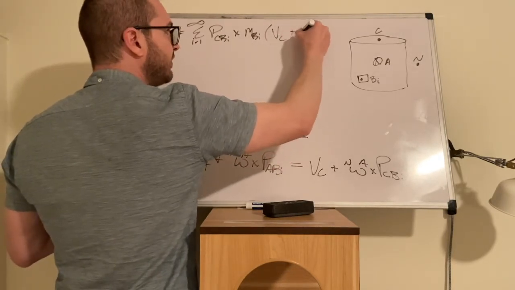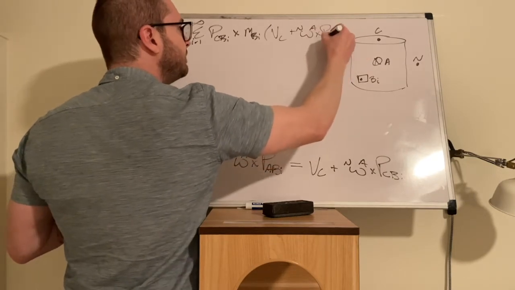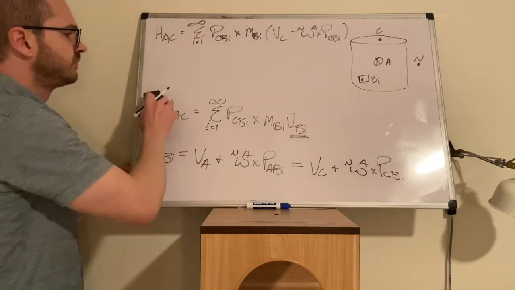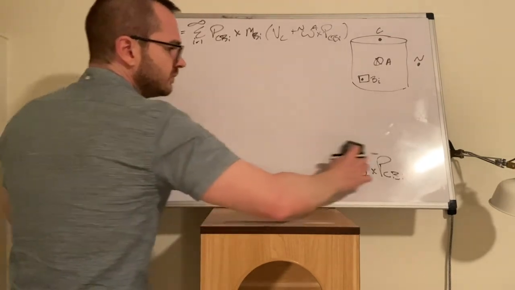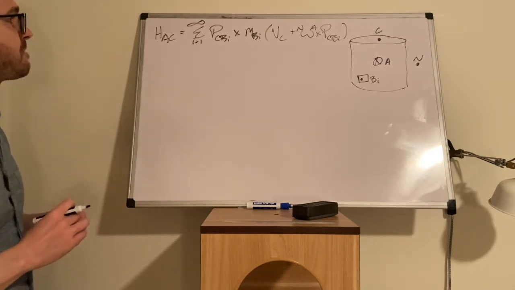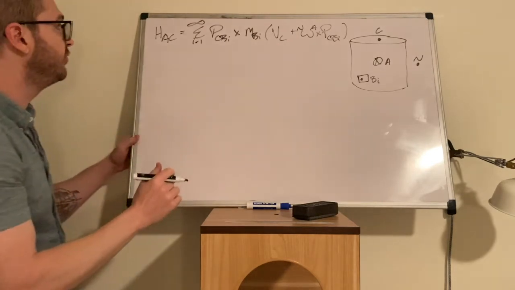V_C plus omega_N/A cross P_CBi. All right, what are we going to do next? Next, I'm actually going to go ahead and distribute this into two terms.